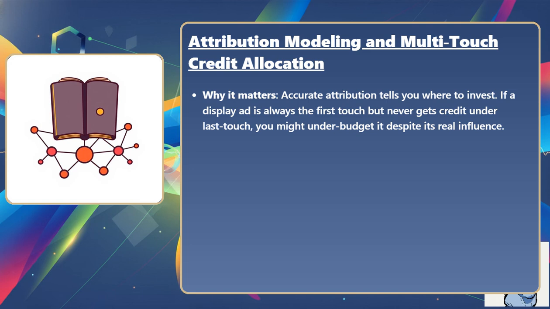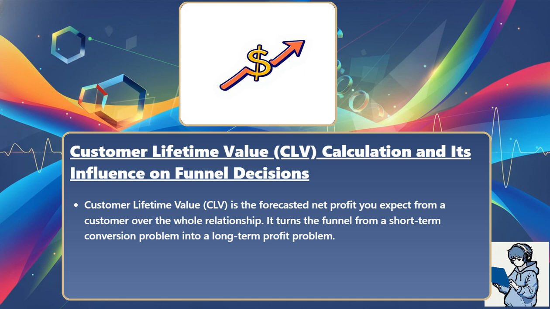despite its real influence. Customer lifetime value, CLV, is the forecasted net profit you expect from a customer over the whole relationship. It turns the funnel from a short-term conversion problem into a long-term profit problem. Simple CLV formula for a subscription SaaS.